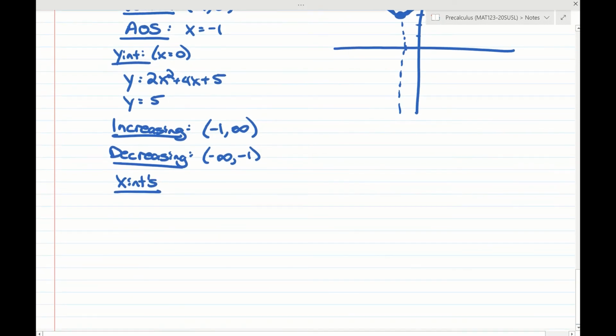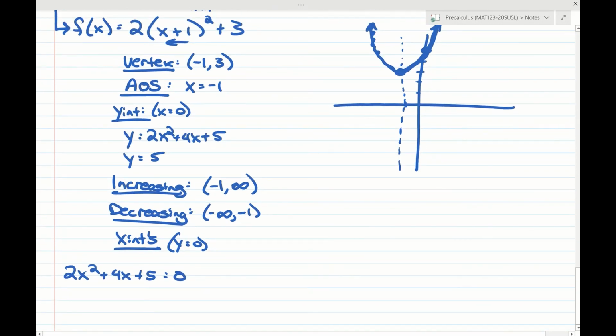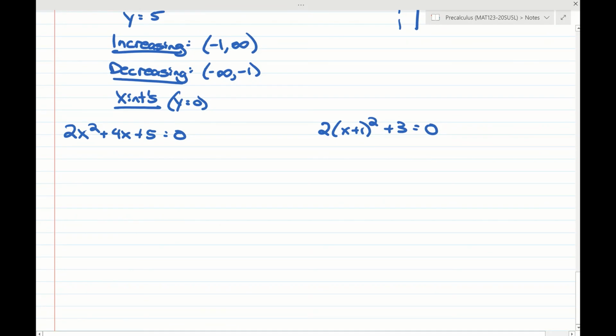So let's do this with the standard form. Remember, the way we get the x-intercept is we make y 0. And let's do this with vertex form, just to make sure we're getting the same thing. So we have an a, we have our b, we have our c.